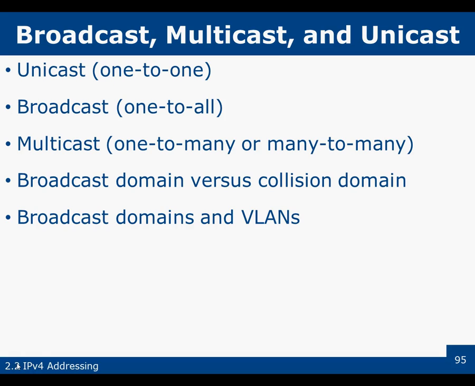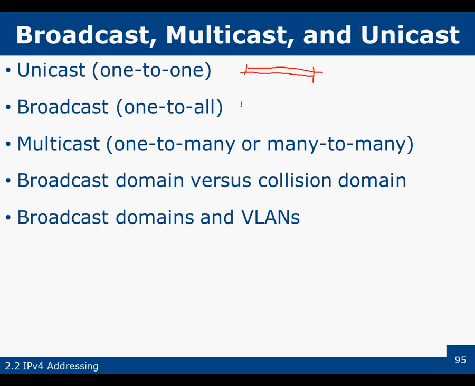So when we use unicast, we're going to have two computers. Should have little pictures of computers here, and they're going to communicate directly with nobody else in the channel, particularly if it's a switch and we don't have to get on the hub where we actually share the media.